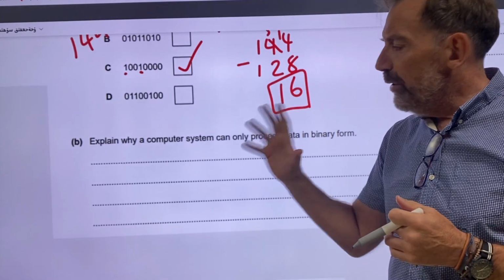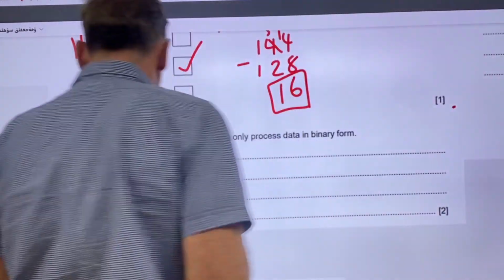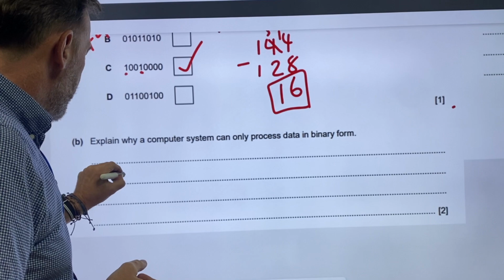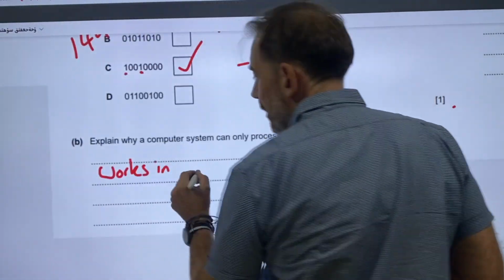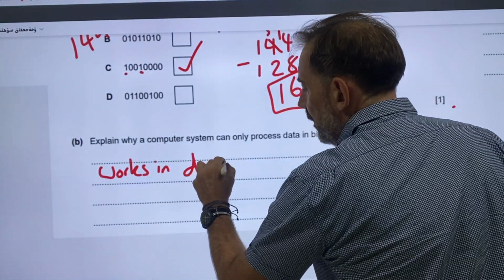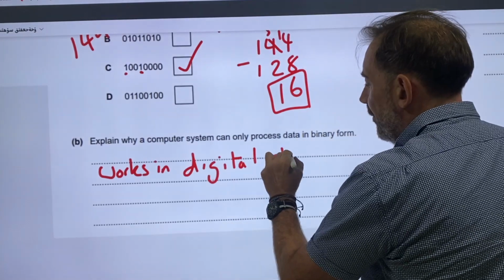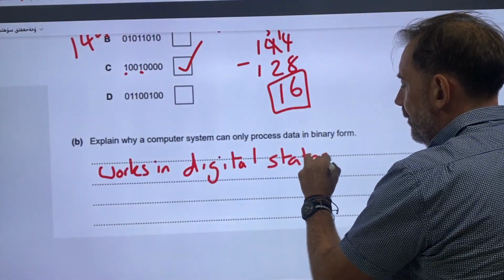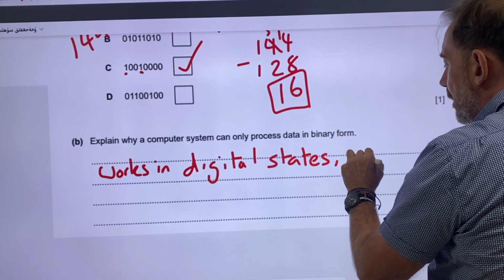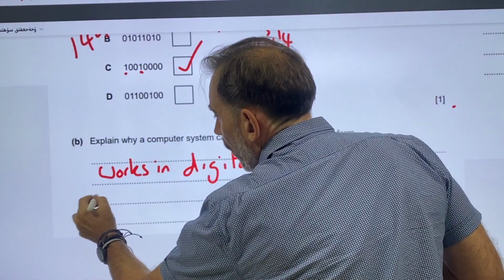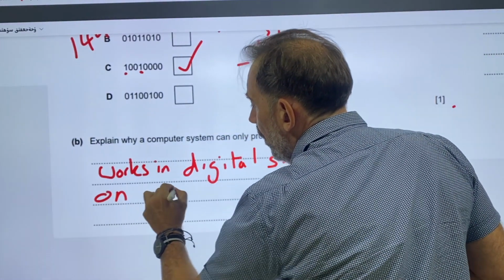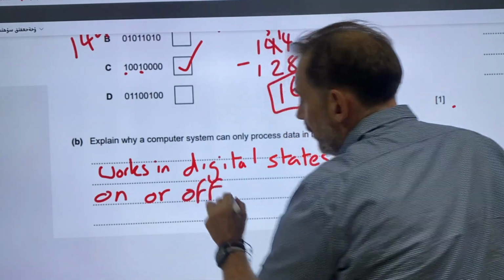So obviously a computer system works in something called digital states, either on or off.